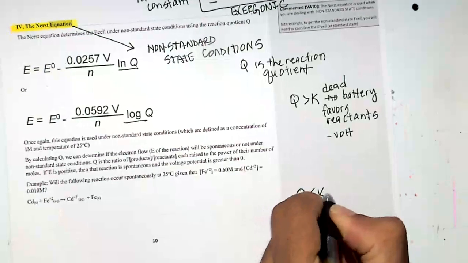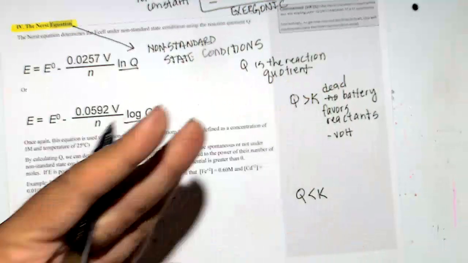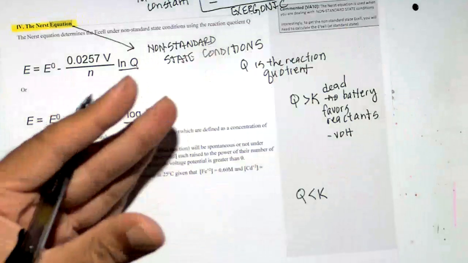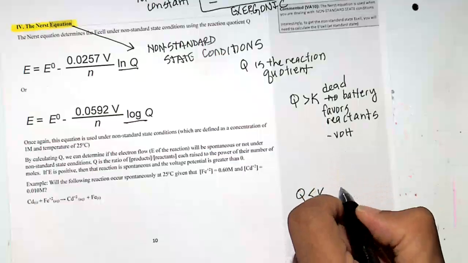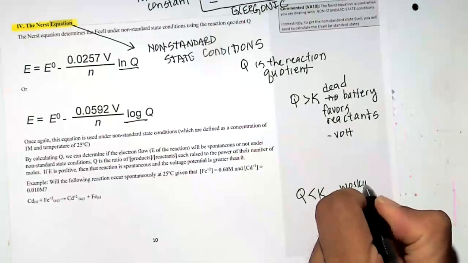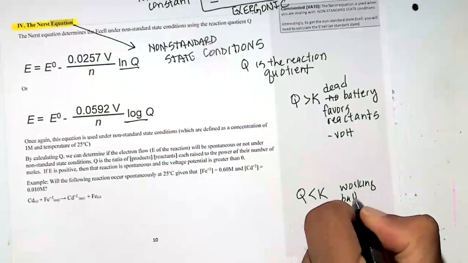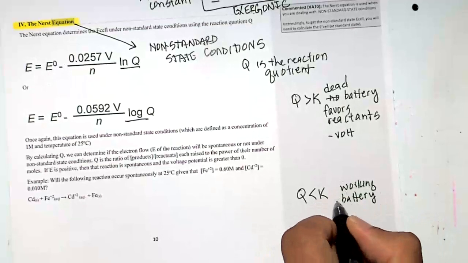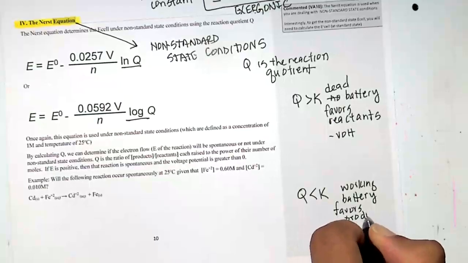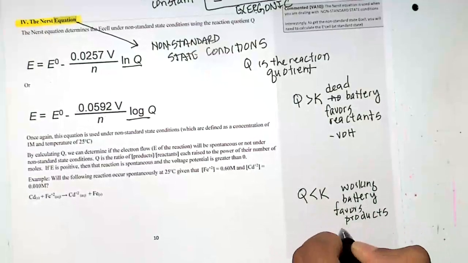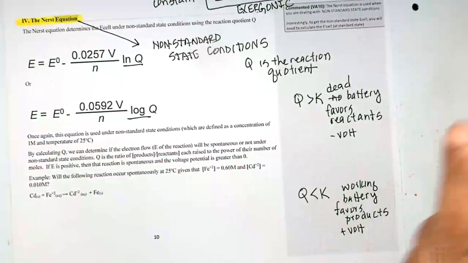But if you have Q and it's less than K, the alligator jaws are pointing to the right, the product side. So this is a working battery. This favors the products, and this will give you a positive voltage, like the batteries we buy at Walmart.